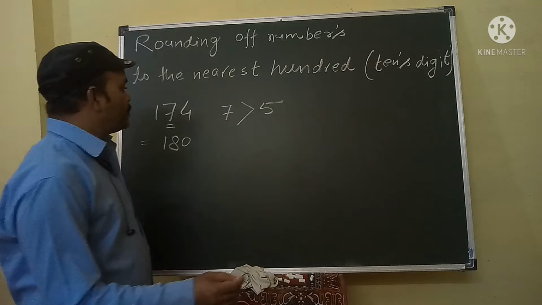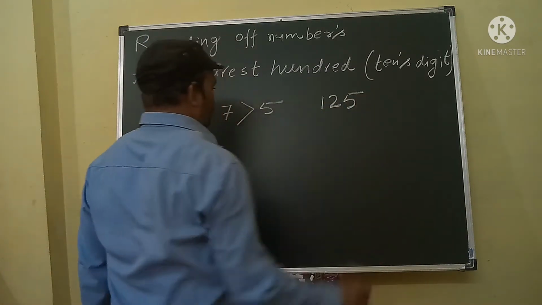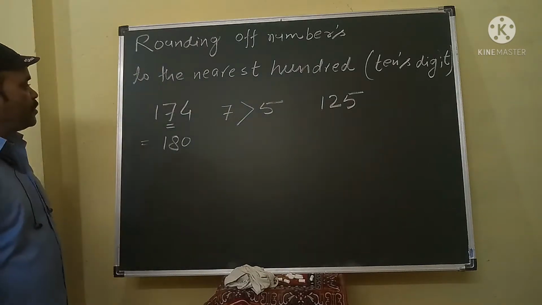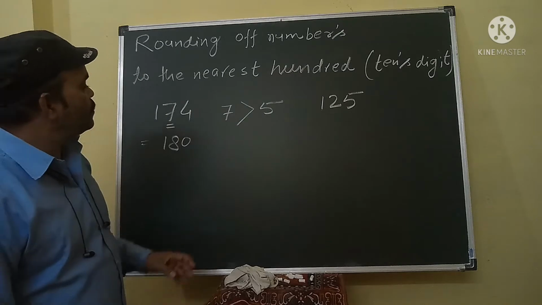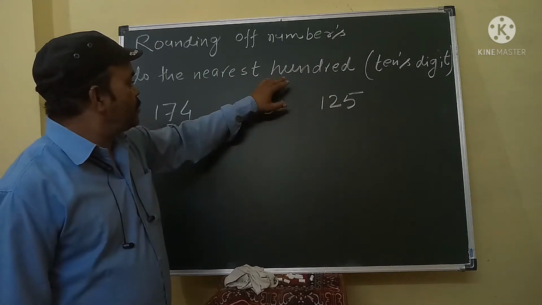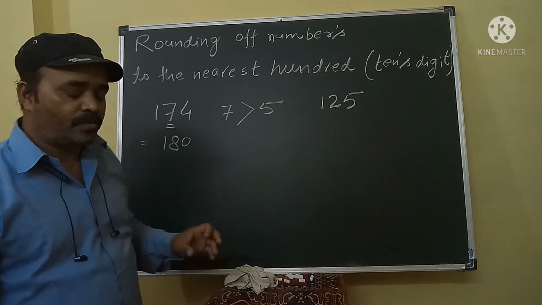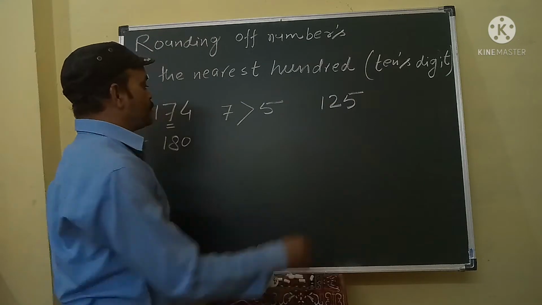I want to give one more example. Suppose this is 125. You will find the rounding of 125. For rounding to the nearest 100 of 125, you will find the tens digit value.